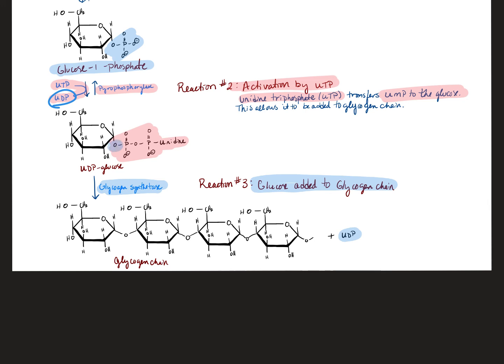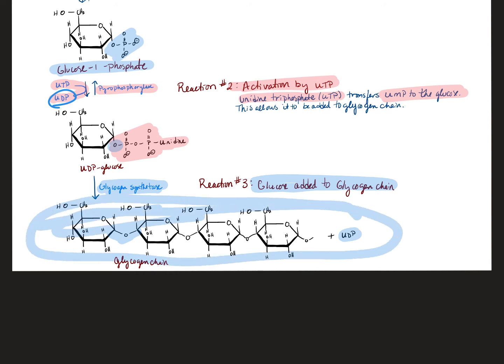This oxygen, mind you, is connecting right here, and it's connecting to the 1,4 positions, right? There are different ways to get that to the 1,6 position, but that's basically how we're doing things. And we end up with this huge long chain, and that is how we store our glucose for later use.